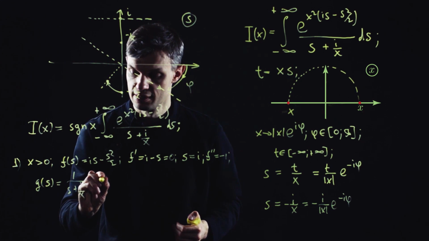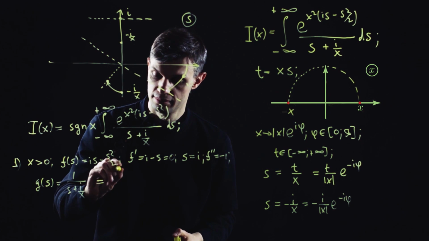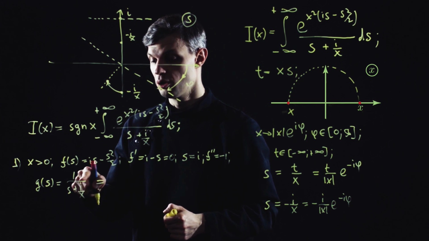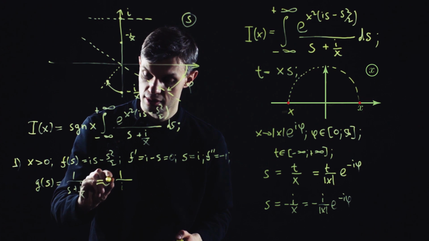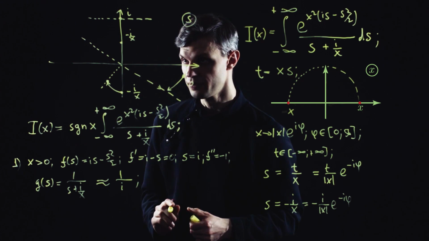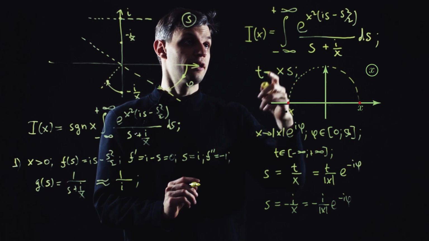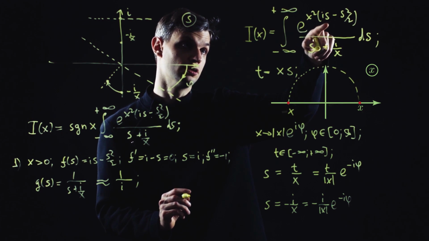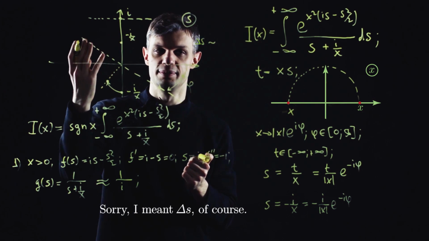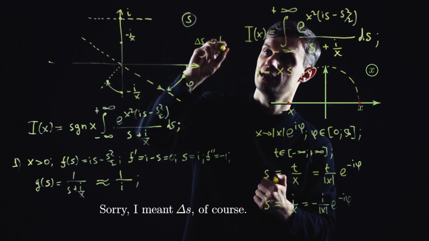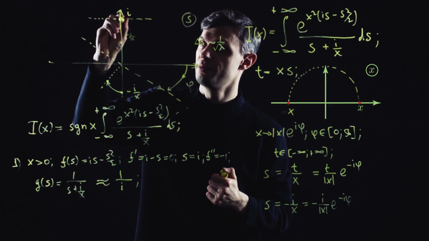So in the vicinity of the saddle, s is equal to I, one can safely drop the I over x term. So it's simply 1 over I. And indeed, due to the largeness of this parameter in the exponential, the important region of the integration is s of the order of, as you remember, 1 over square root of lambda, where s is the complex variable counted from this saddle.